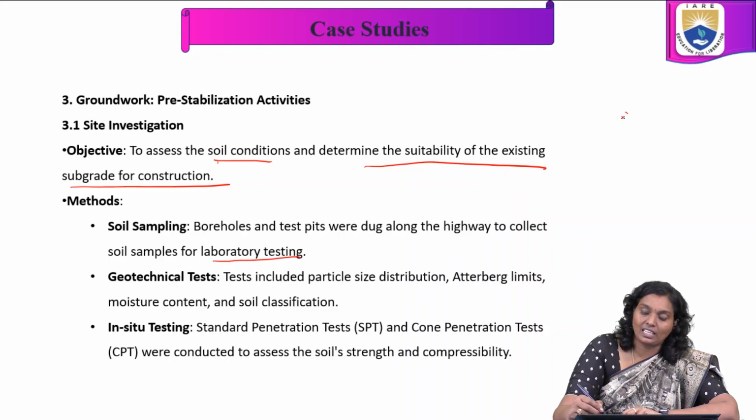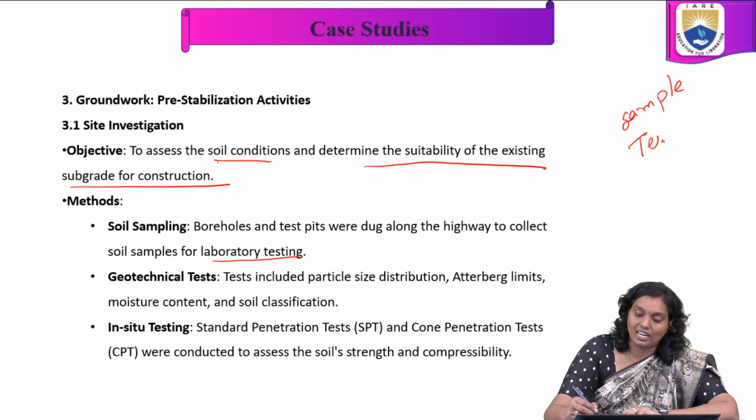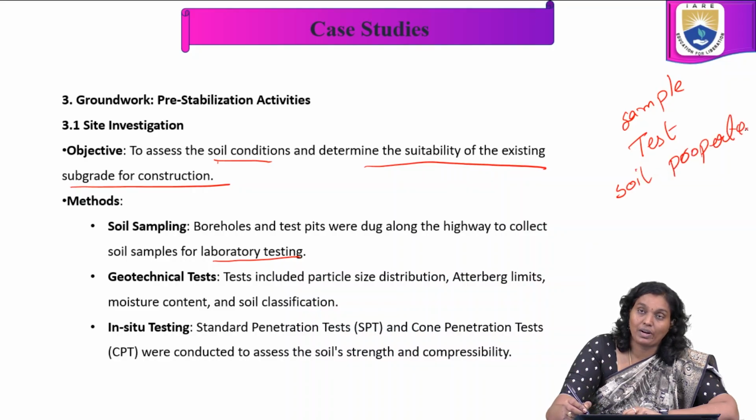After collecting the samples, we conduct the tests to understand the soil properties. Once we understand the soil properties, then we know the desired properties of the soil required for the project. We know the project requirements.